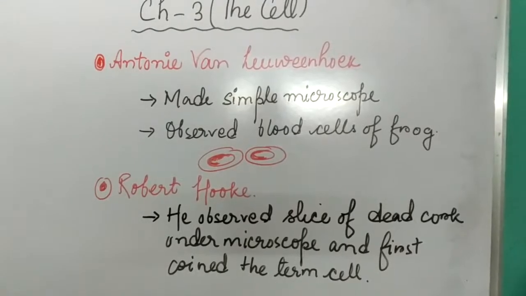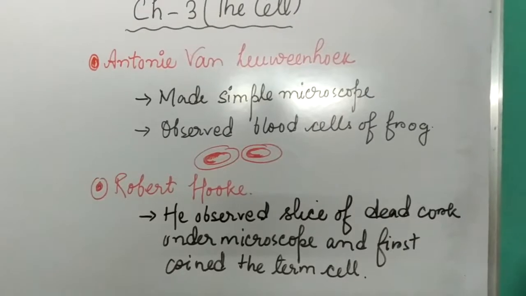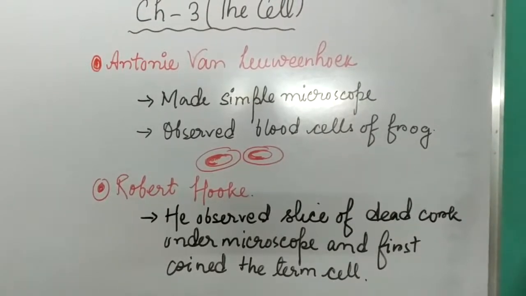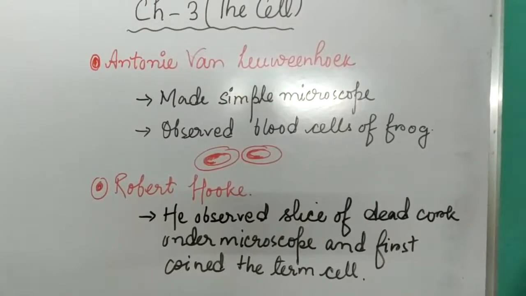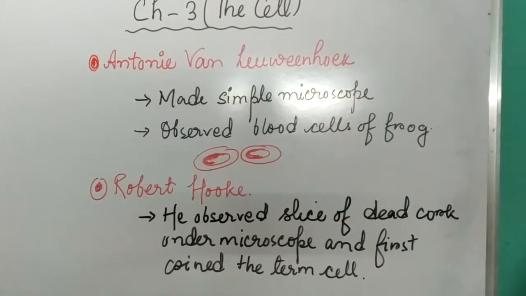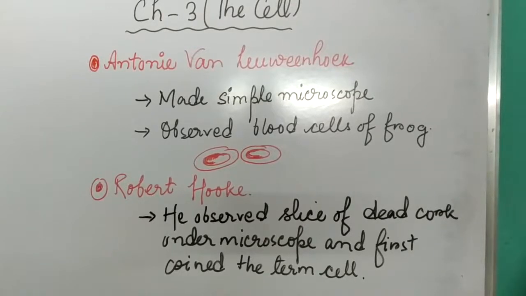And after he visualized dead cork cells or any kind of scrapings under that microscope, he saw that each and every organism, each and every organ of our body is made up of tiny compartments which he named cells. So he was the first to coin the term cell.